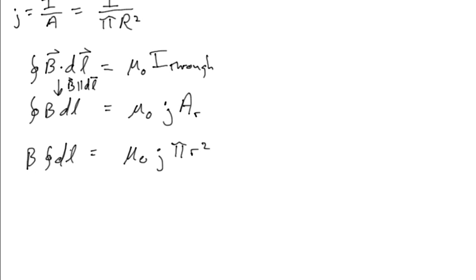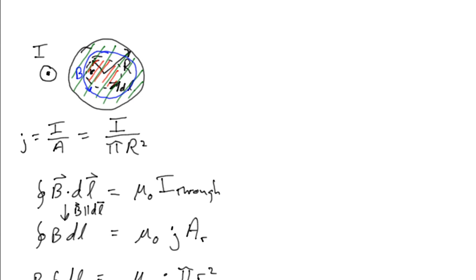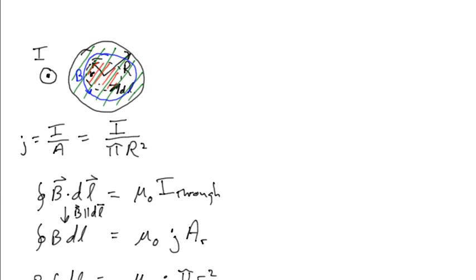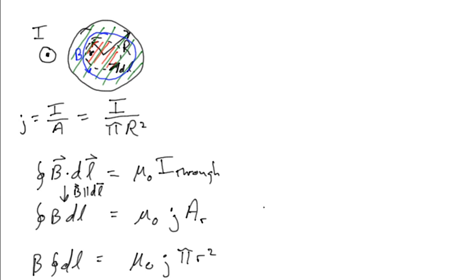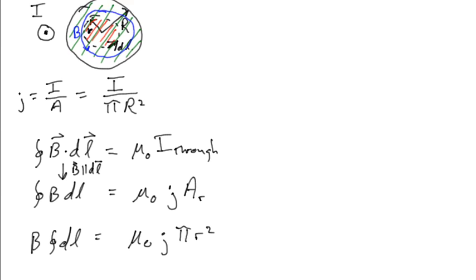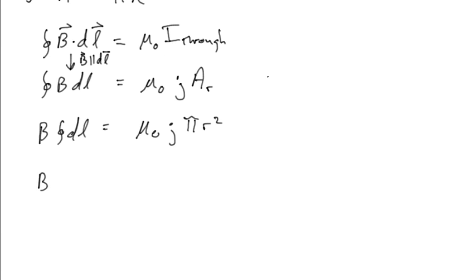Then if I integrate all the little length segments making up the loop, I add them all up, I get the total length of my Amperian loop, the little dashed line encircling that red region, and so its length is 2 pi times little r.